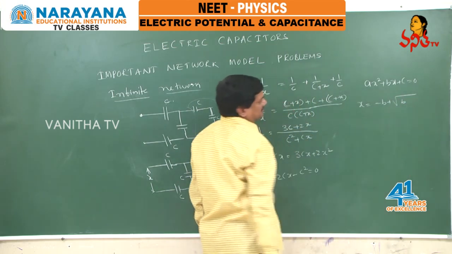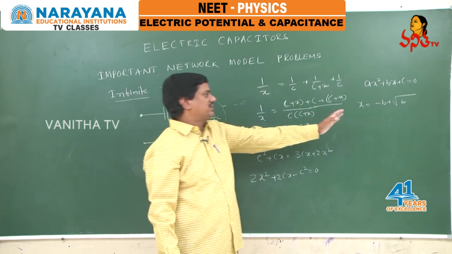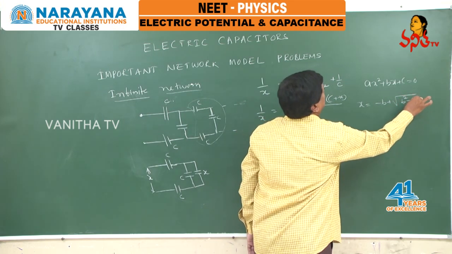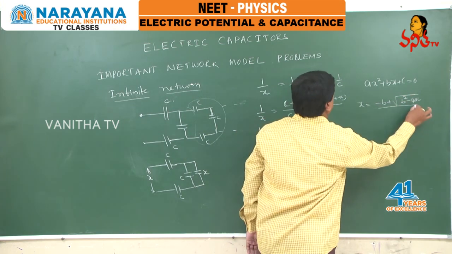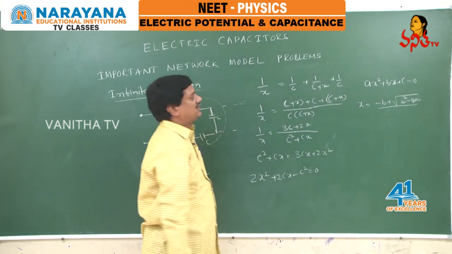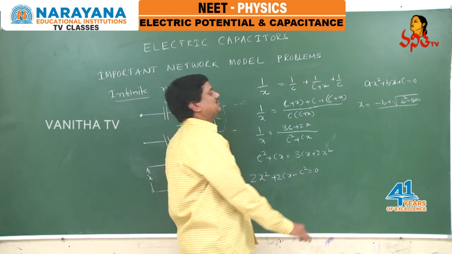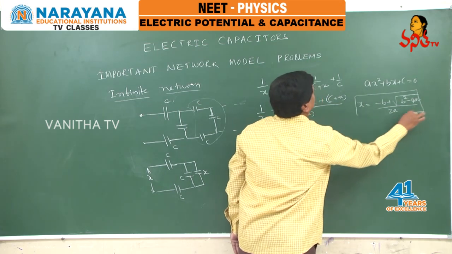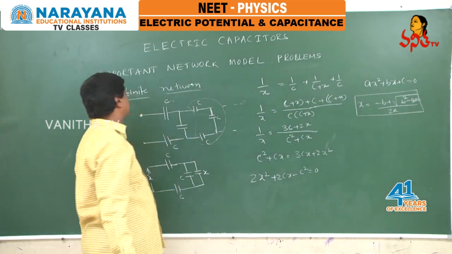Take only the positive root, you need not take the negative root. B is already negative, so take the positive root only. By substituting the values, comparing this equation with AX square plus BX plus C equals 0, we can find out the effective capacitance of the combination.